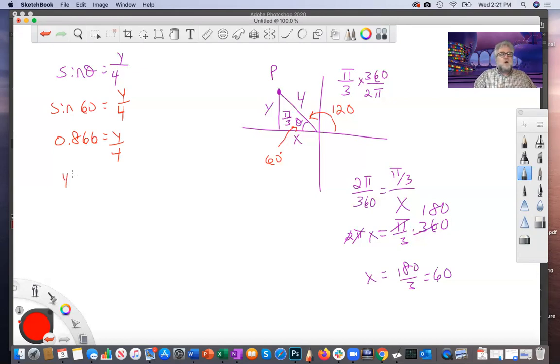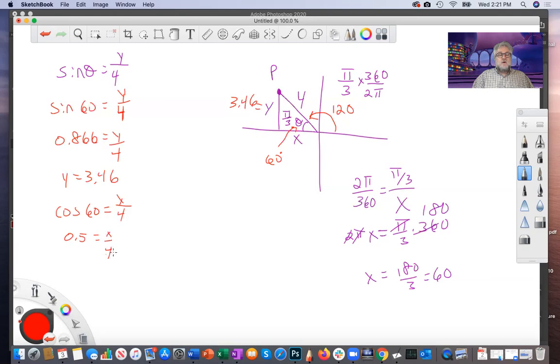Okay, so I get y equals 3.46. I'm going to do cosine of 60 equals adjacent over hypotenuse. Cosine of 60 is 0.5.